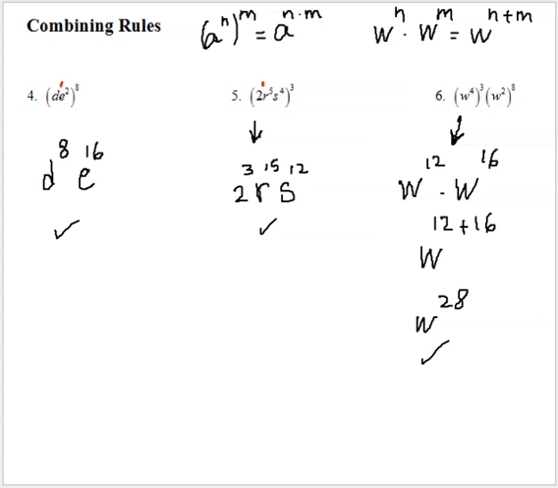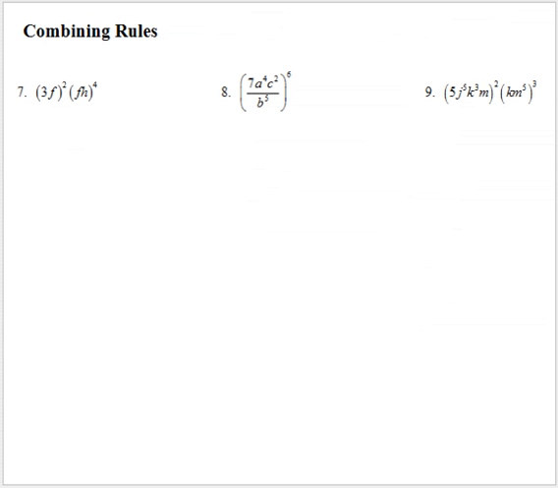Okay. Look at the last ones. Okay, let's see. Elaine, can you tell me what we get for the first part here? I'm going to put the exponents of 1 where they are missing. Just remind yourself these are 1.